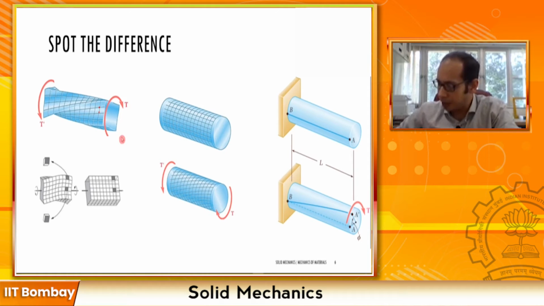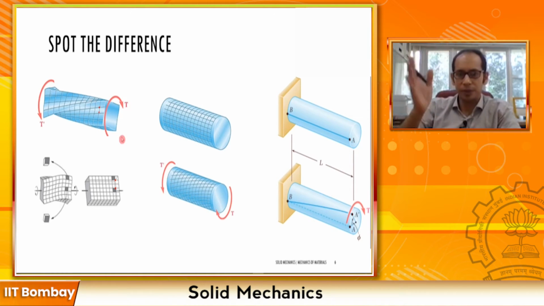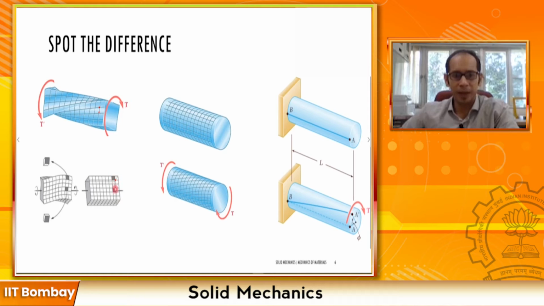If I take a perpendicular cross section about this longitudinal axis of this shaft, which has a rectangular cross section, initially they were on the same perpendicular axis to this longitudinal axis. After I'm applying this torsion, let's see what happens to those points. Those points do not remain on the same perpendicular axis, they undergo some kind of shifting. So this point over here has moved slightly to the right, and the bottom point has moved slightly to the left, right? Now do you know what this particular phenomenon is called?